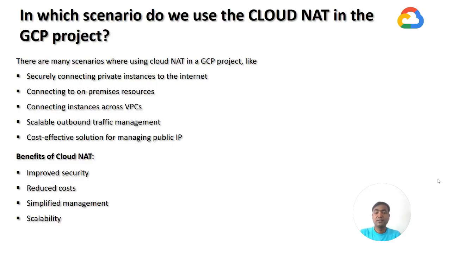Guys, as you can see here, a couple of benefits of Cloud NAT: improved security, reduced cost, simplified management, scalability. By using private IPs for your resources, you minimize their exposure to the public internet, reducing the attack surface and improving overall security.